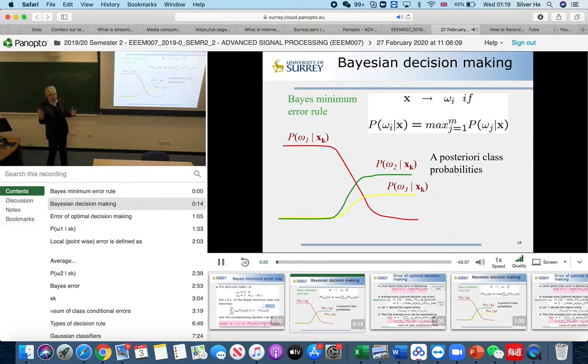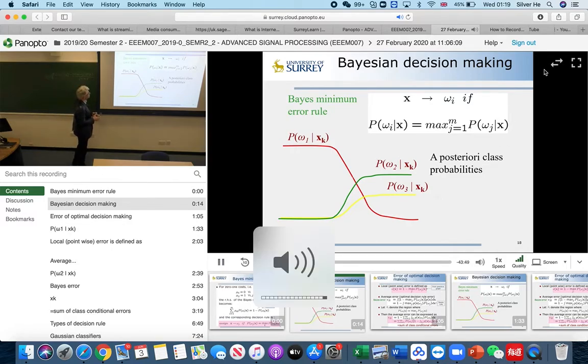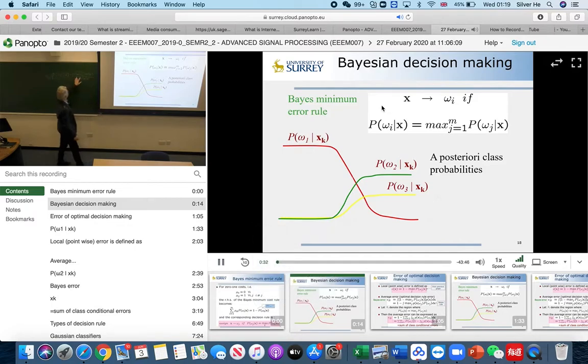Conceptually, so far, if we can build a probability model P of x given omega, and we can estimate or be told some prior probabilities P of omega, then that allows us to estimate P of omega given x, and that allows us to make a decision on that basis.